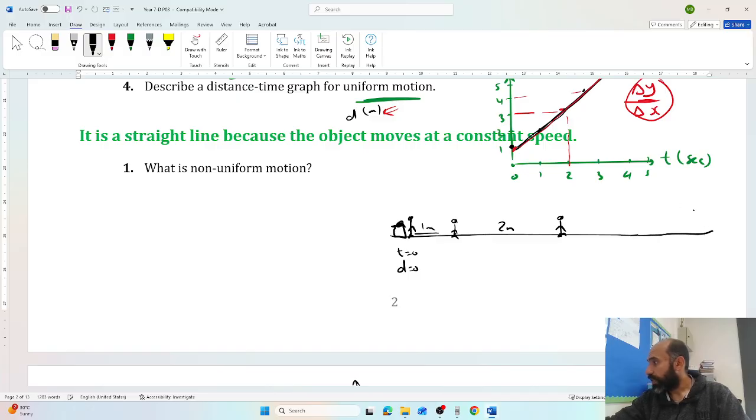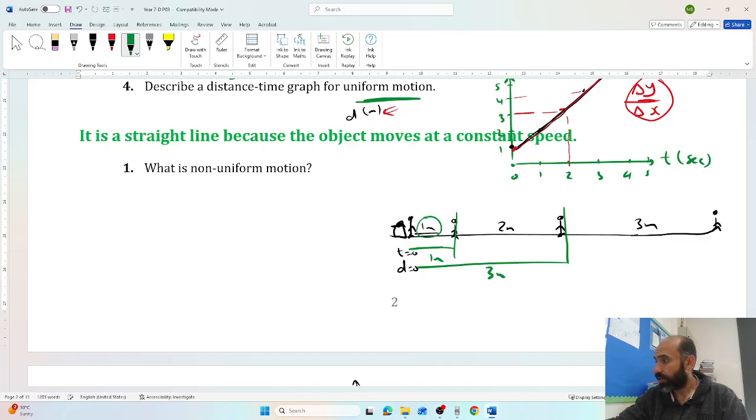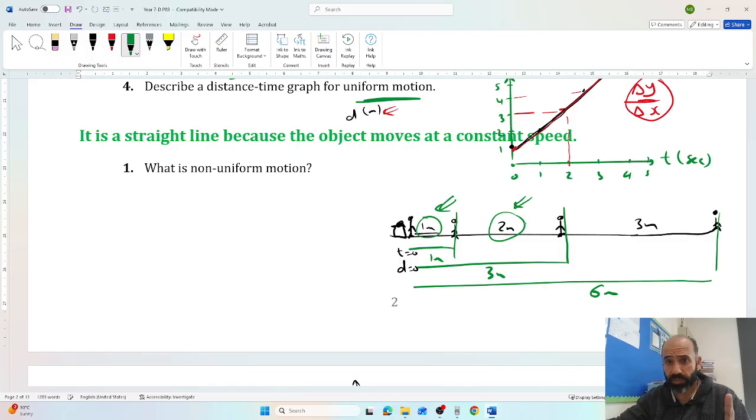After another second, you covered extra 3 meters. So the total distance covered in the first second is 1 meter. After 2 seconds, you covered 3 meters because you covered 1, then you covered 2. Then after 3 seconds, you covered 6 meters because you covered 1 meter, then 2 meters, so the total is 3.